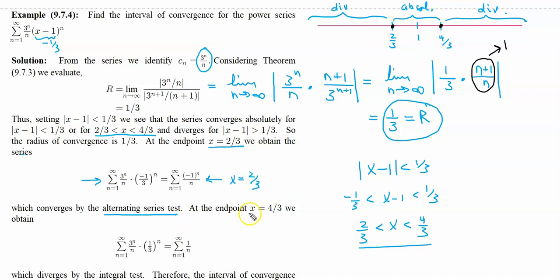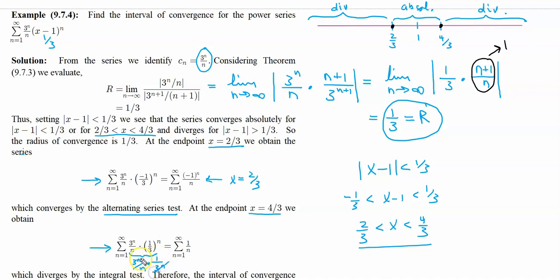Now let's test the other endpoint when x equals 4/3. So if we plug 4/3 in for the x right here, notice that we get 4/3 minus 1, that's just 1/3. Okay, so what we get then is this down here. So you see we get 3 to the n over n times 1/3 to the n. Now you notice that you can simplify this as 3 to the n over n times 1 over 3 to the n.